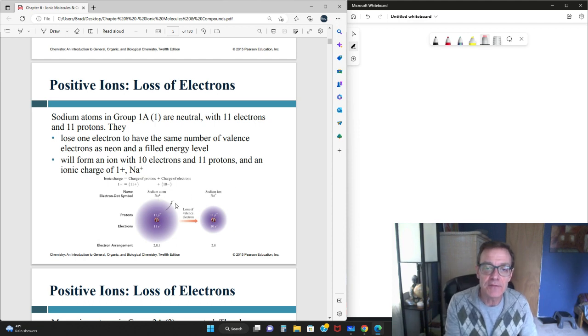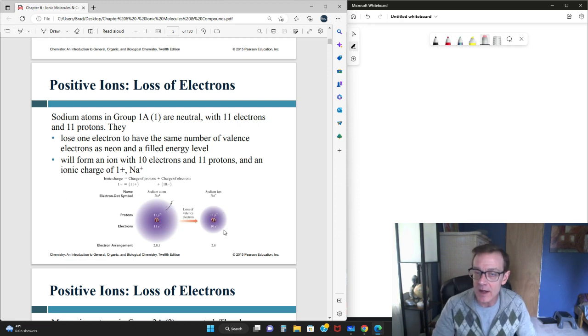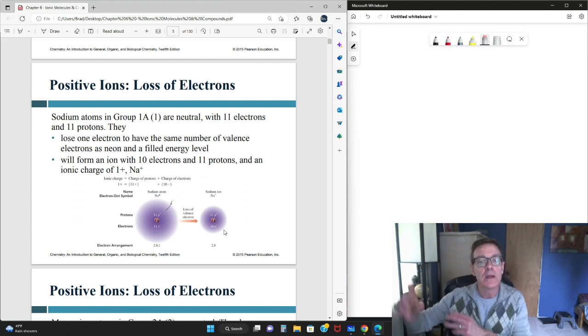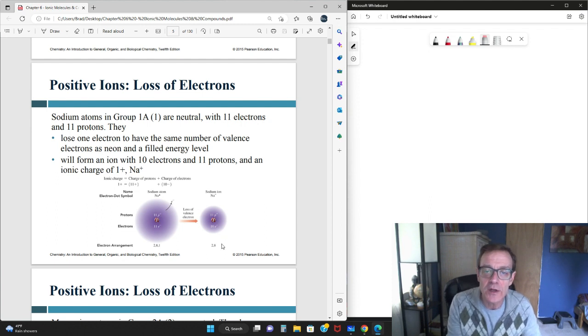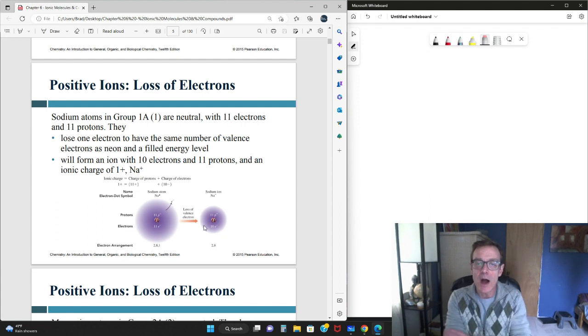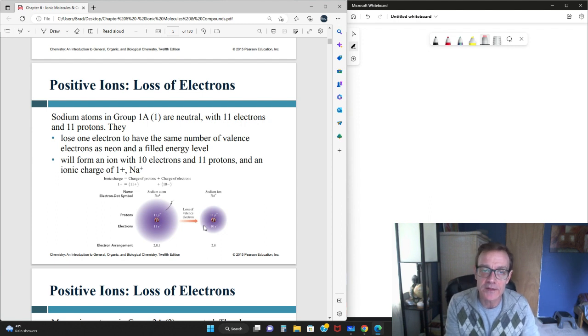If it gets rid of that valence electron, it loses a negative charge, and now you are left with an ion that is positive 1 because it has lost 1 electron due to the ionic bond. So now you went from a neutral sodium to a sodium ion with a positive 1 charge due to that loss of the electron. Okay, so sodium is a metal. So far, so good?